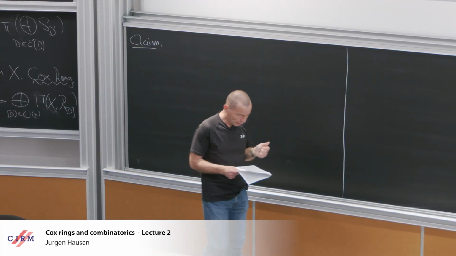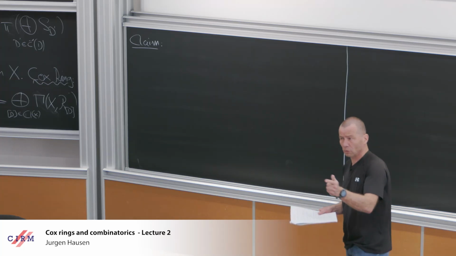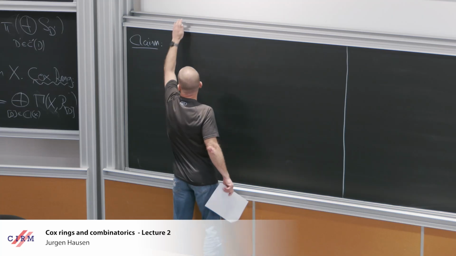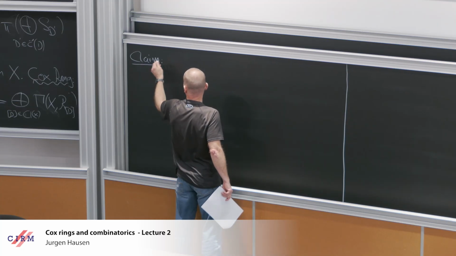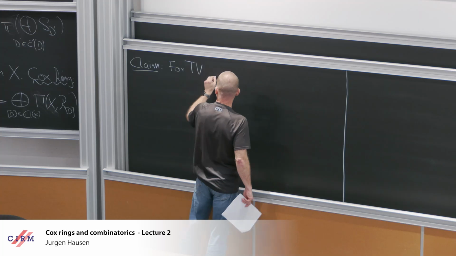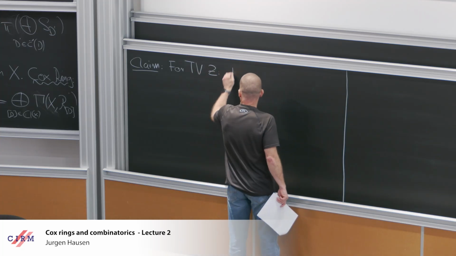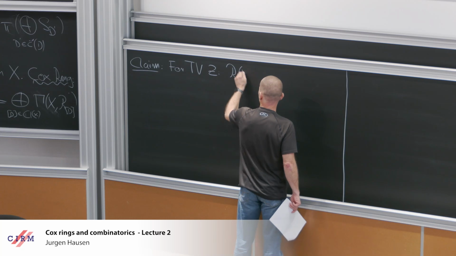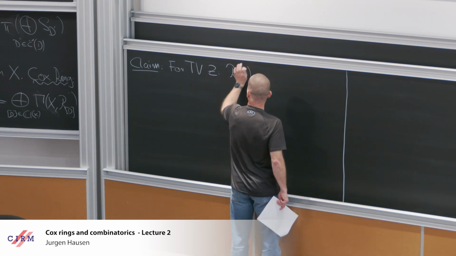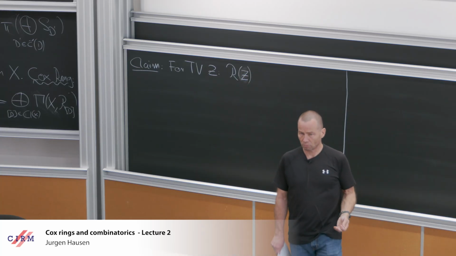It's not a question, but I claim something. We have seen the Cox ring for a toric variety. We have seen this in the morning.